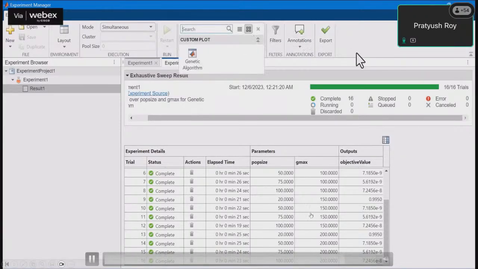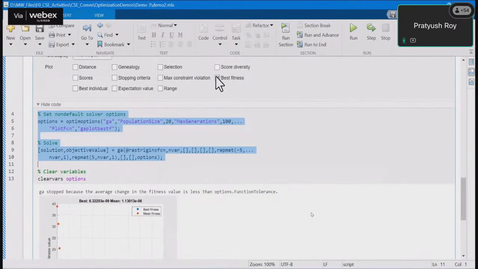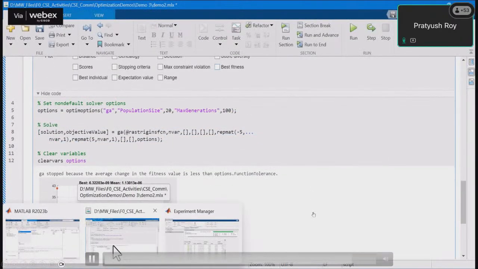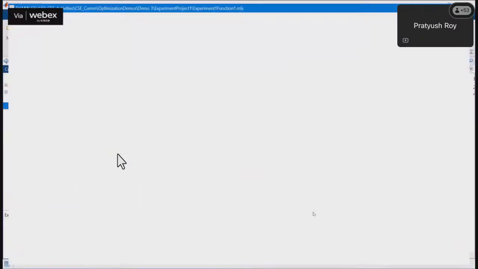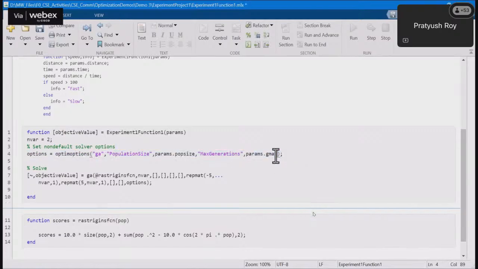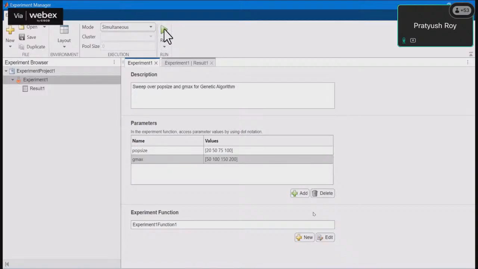That will definitely be a faster execution of this particular workflow. And this is the script. If you want to remove the plots from them, that is also fine.